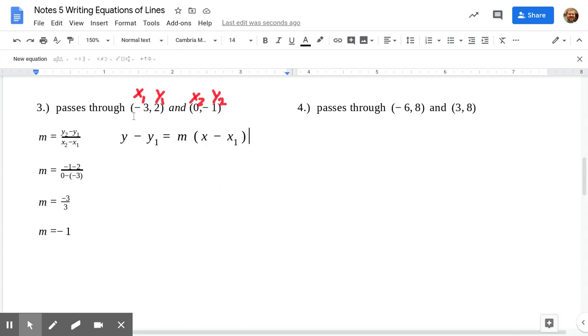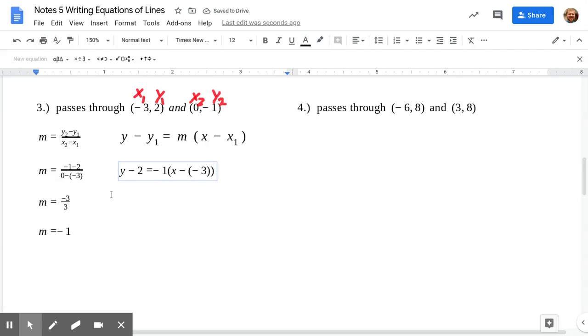So let's go ahead and substitute using this ordered pair. That is going to get us y minus y1 is +2 equals, our slope is after that, which we found is -1. And inside parentheses, we have x minus x1, which is -3. So I'm going to use parentheses for that to point out that I have minus negative.